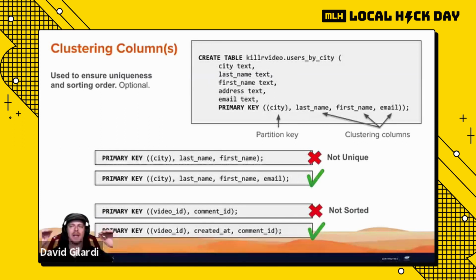In the top case, it's not ordered. The comments could literally be in random order. But in the bottom case, we've added created at, the timestamp, as a clustering column. Now the data will be naturally ordered based off of the created at date. So that's an example of using a clustering column for ordering and where that can help.